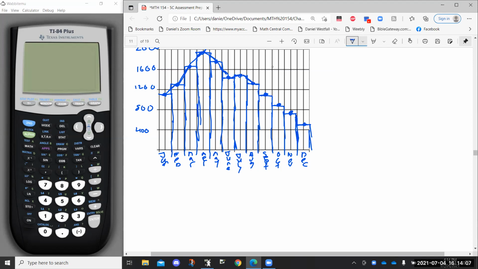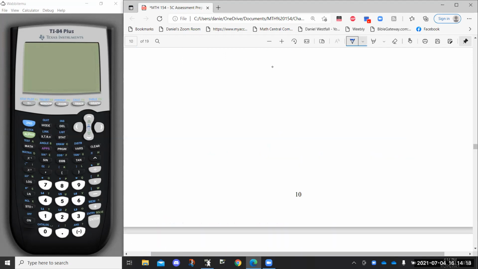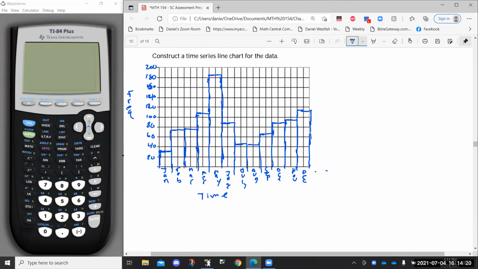You see the trend if things are going up or down. You can kind of see the slope. Is it kind of constant? Is it changing? Same thing here. The time series actually wanted these lines here.